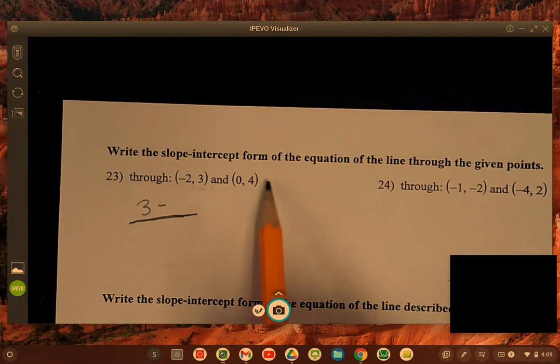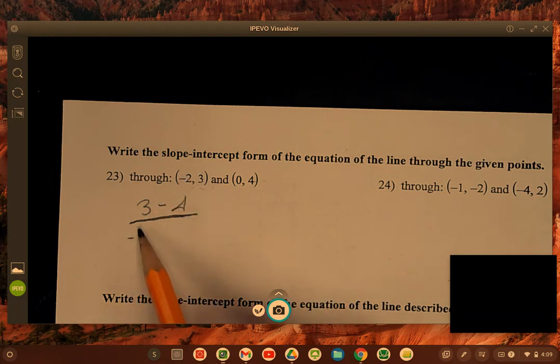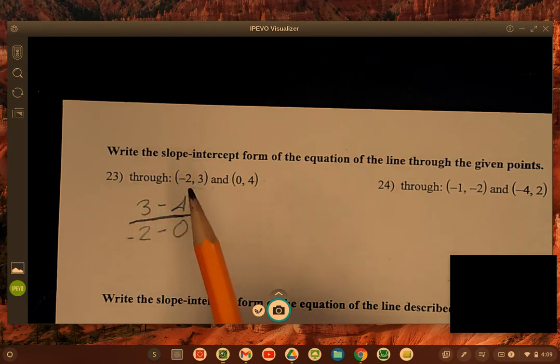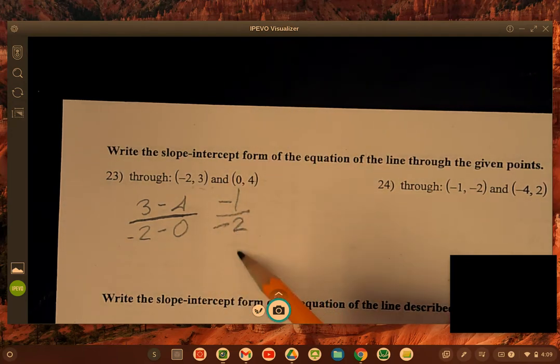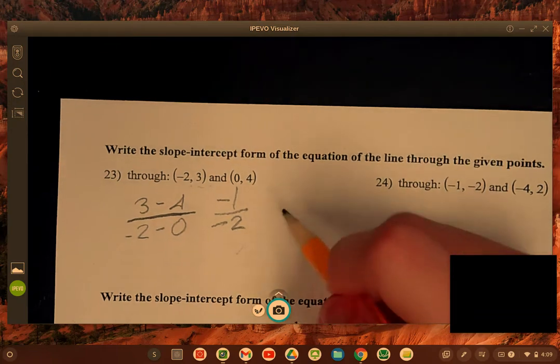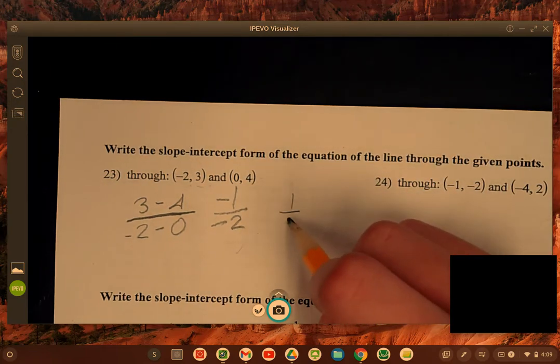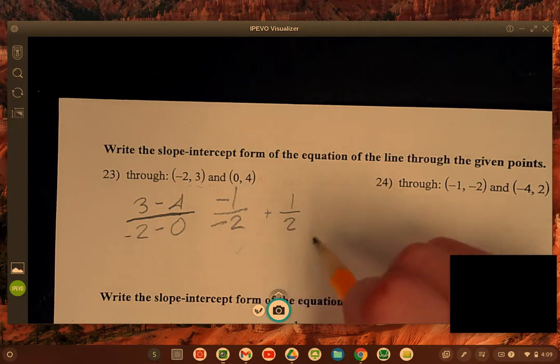That's gonna be minus 4 because that's another y, and then we're gonna have negative 2 minus 0, and then you do all that, and then is that negative 1? Yeah, it's negative 1 over negative 2. But if you have a negative divided by a negative, it's going to be a positive 1. That's the M.